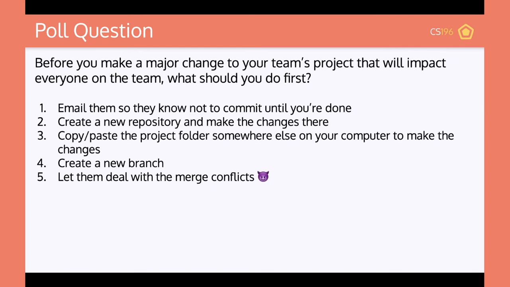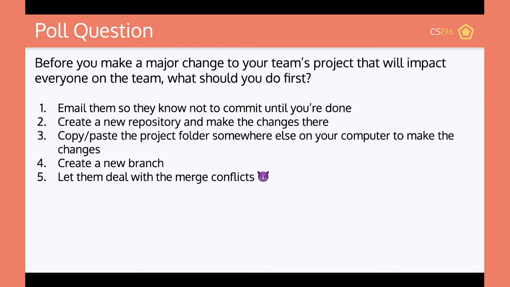All right, it looks like 90% of you said create a new branch, and then about 10% of you said copy paste the project folder somewhere else. So copy pasting the project folder kind of circumvents the whole point of Git. And fun side story, I actually know someone who was so afraid of using Git that he basically did Git just by copy pasting files and zipping them up and keeping them in different places on his directory.